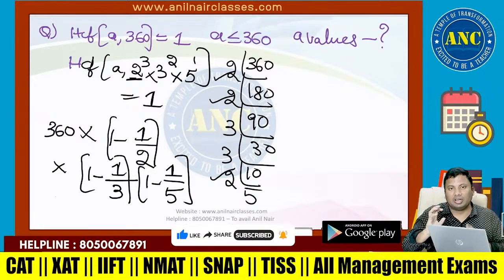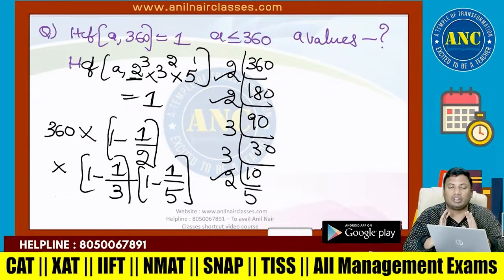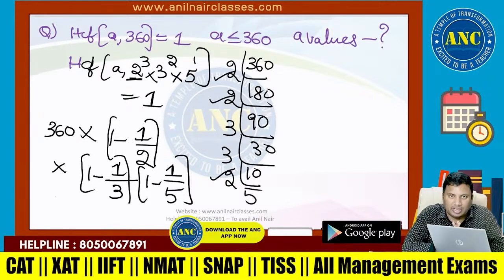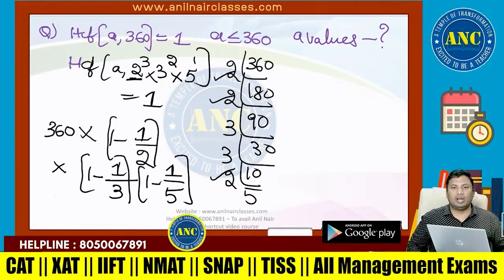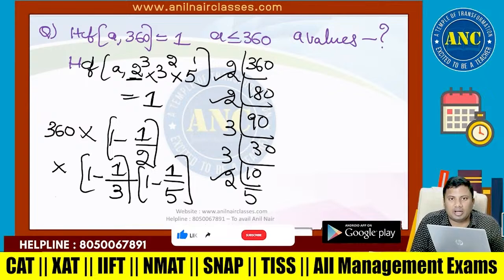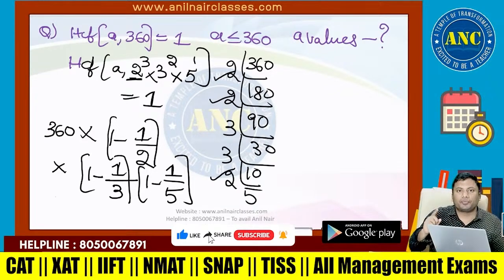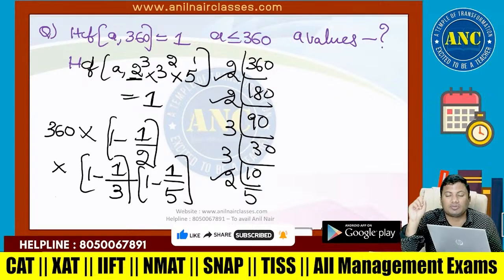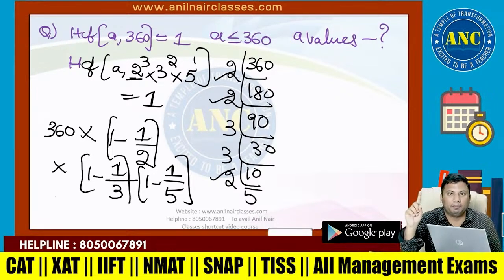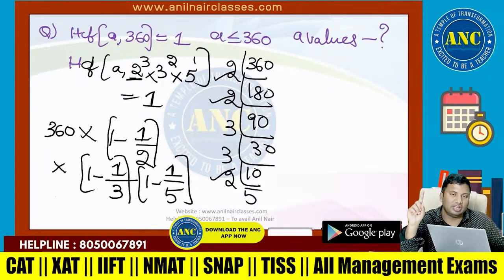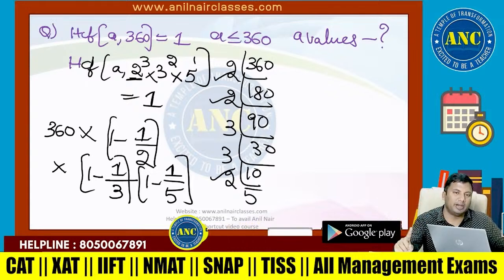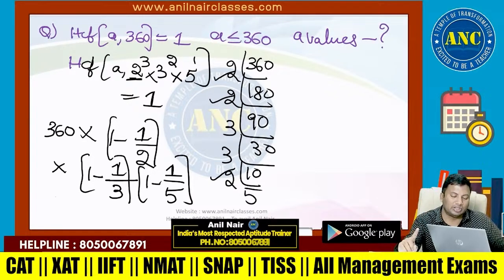Euler's totient function. What do you mean by totient function? Totient function is the number of natural numbers less than or equivalent to n which are coprime to n. Coprime numbers means numbers which are not divisible by the prime bases. 360 into 1 minus 1 by 2, 1 minus 1 by 3, 1 minus 1 by 5.